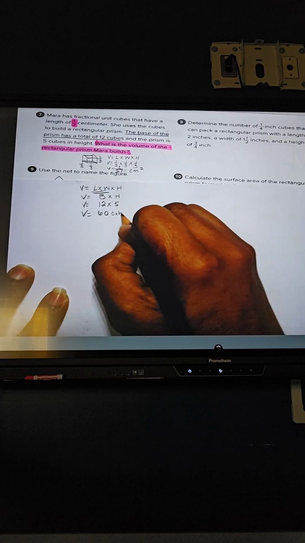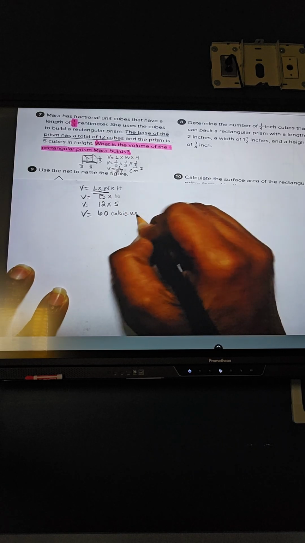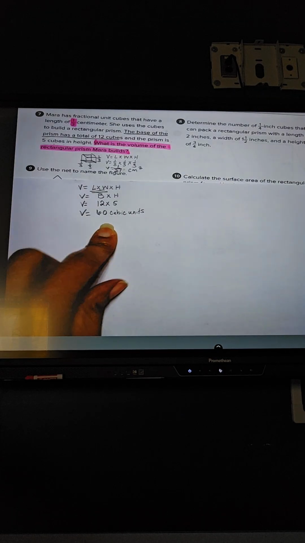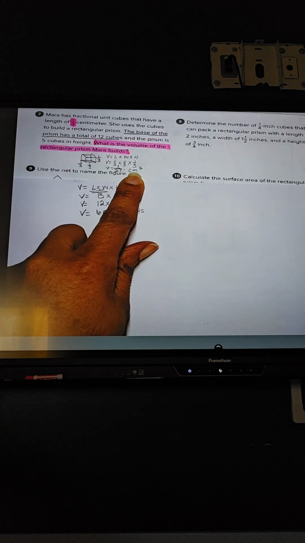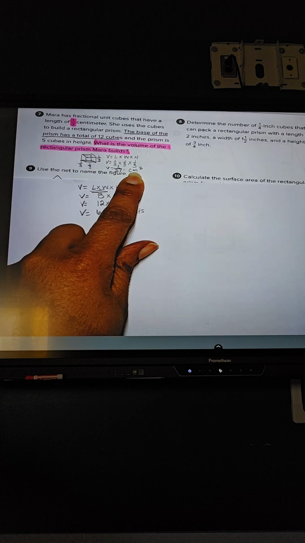cubic units. Okay, so we got our 60 cubic units. So now, what do I do with this? Well, in order for us to find the volume of the entire rectangular prism, you must multiply the volume of what we have, 12 times 5, times the volume of the 1 cube.